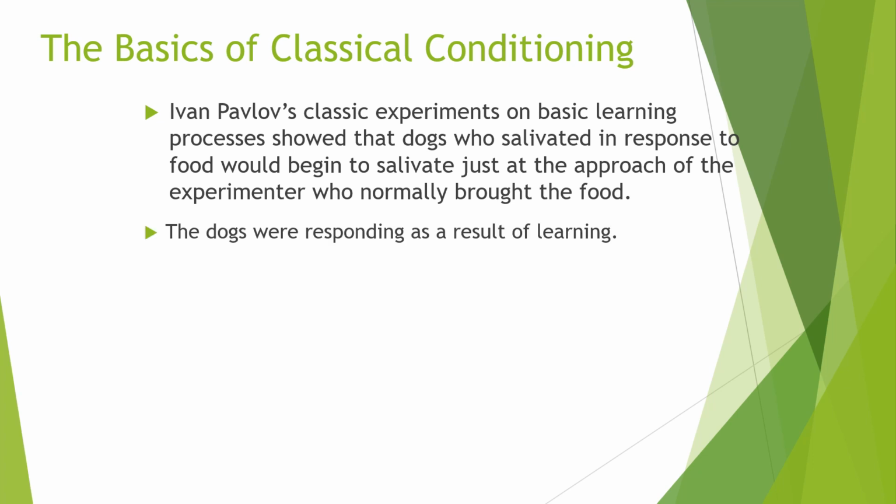So the dogs were responding as a result of learning. Originally, they were responding as a result of having the meat powder for them to eat, but then they started to respond as a result of learning, knowing the sequence of events and that they were going to get fed. And this came about to be known as classical conditioning.